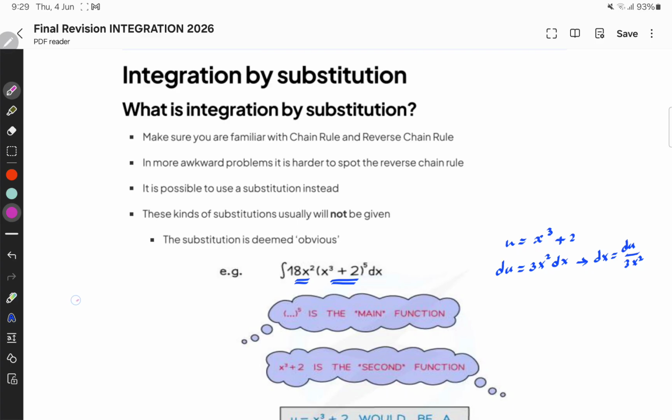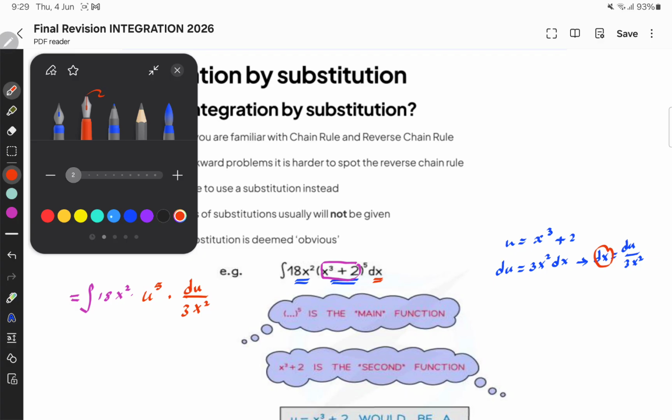How is that? Here it's equal to the integral of 18, x squared, we didn't have anything for it now. Now we will substitute the inside only, that is u, so it will be u to the power 5. Now I will substitute that also, dx is equal to du over 3x squared. If you have two different variables inside integration, we cannot integrate.